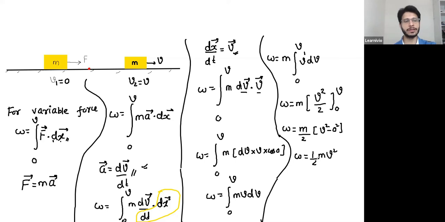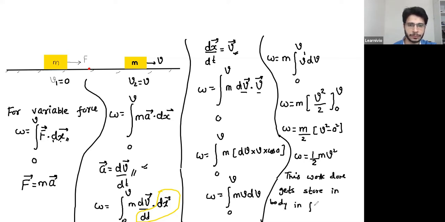This work done gets stored in the system. Why are you doing this work? You are doing this work to increase the velocity from 0 to v. That's why you are doing the work. And this work done gets stored in the body in the form of kinetic energy.